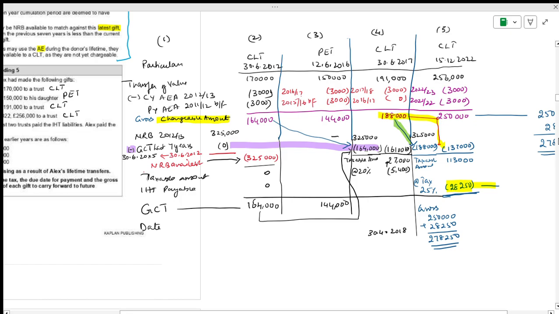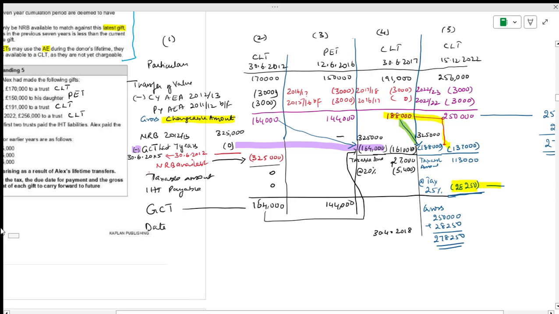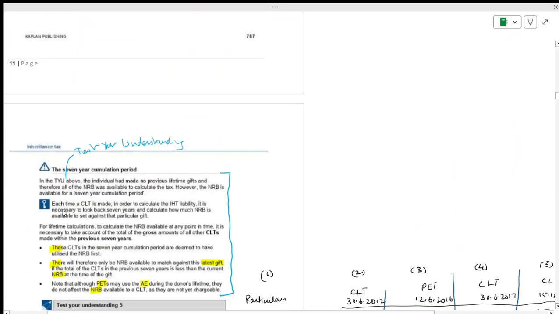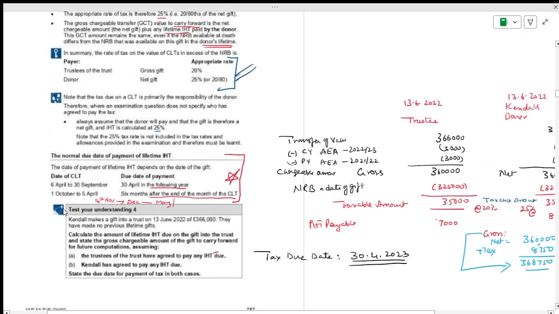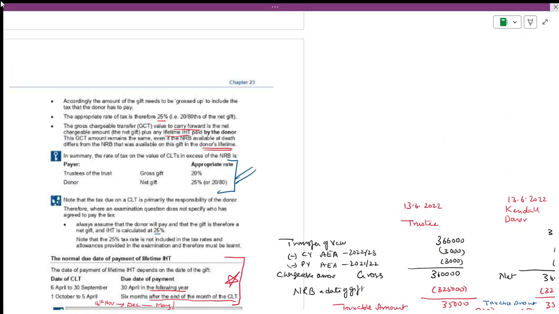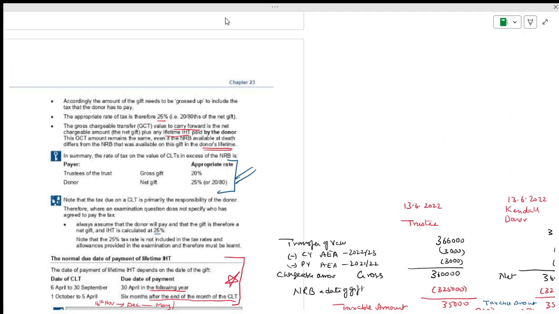See, if it is given by the trustee, it is gross, okay? If it is given by the trustee, it is gross, which means the trustee will pay tax. In case of a donor, it is net, okay? The donor will pay tax. See how I can explain it to you like this.